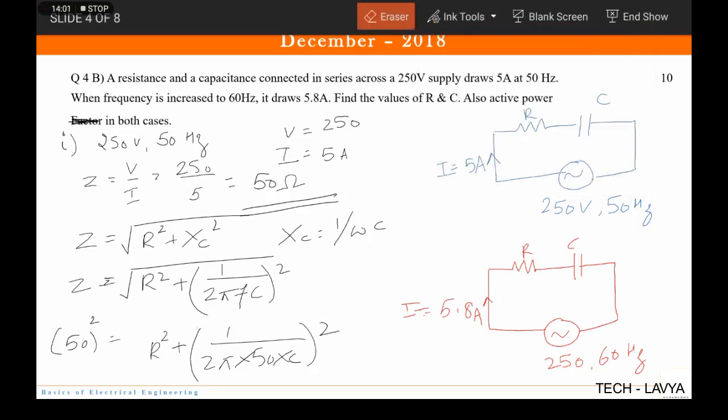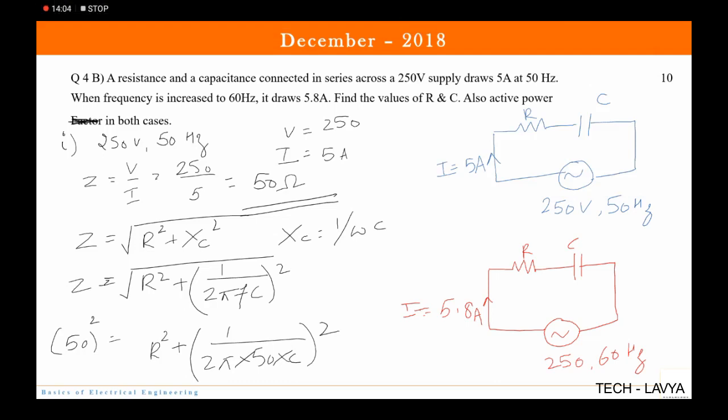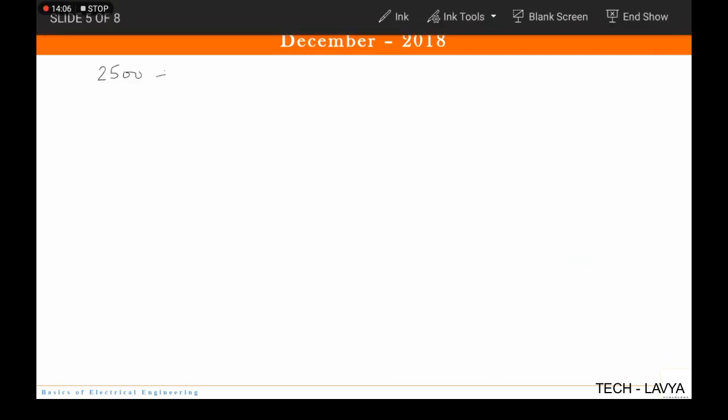Yes, because I have squared it, right? So it becomes 2500 equal to R squared plus 1 upon, I did the calculation and I got the answer to be 98,596 C squared. So this is equation number 1.